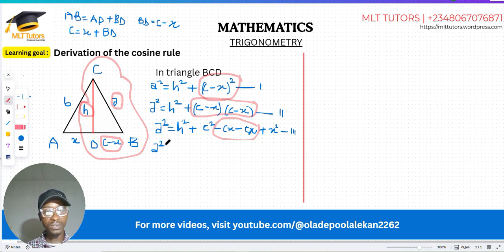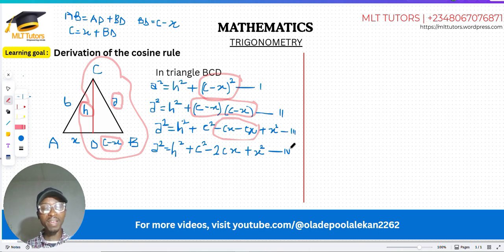So we have a squared equal to h squared plus c squared, then minus cx minus cx, that gives us minus 2cx, then plus x squared. Then we call this equation 4.